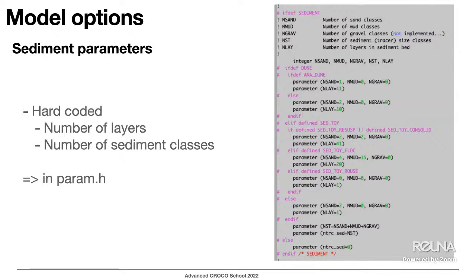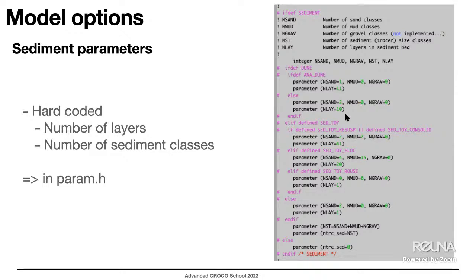For the sediment parameters, if you want to use sediment, you have to play with several places in the code. The number of sediments and the number of layers are hard-coded in param.h, which you can see there. Here it's hard-coded for some of the test cases. You have the number of layers of sediment, those layers which are under the seabed. Here, 11 sediment layers, and only one kind of sediment, which is sand.